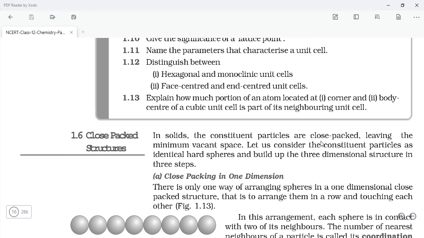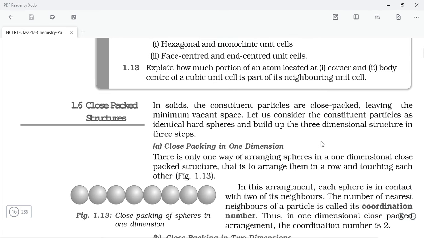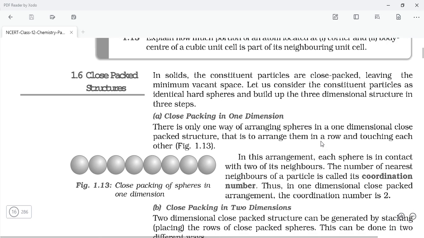Let us consider the constituent particles as identical hard spheres and build up the three-dimensional structure in 3 steps. Close packing in one dimension: you just keep on putting the identical spheres or atoms in one direction, one after another. That's how you get close packing in one dimension.